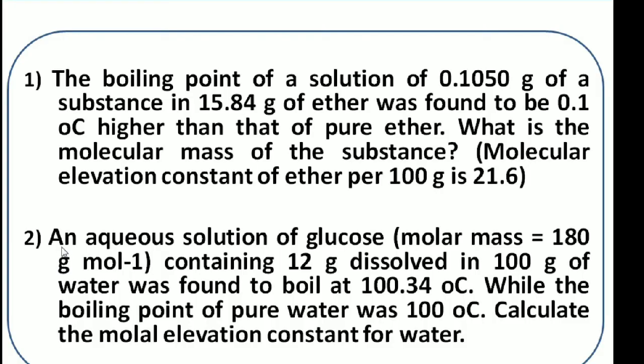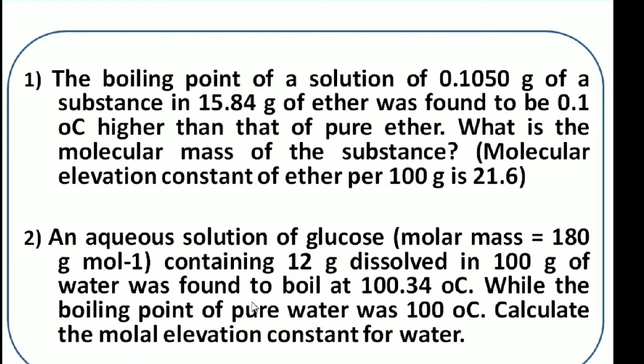Dear students, next problem on elevation in the boiling point: an aqueous solution of glucose containing 12 grams dissolved in 100 grams of water was found to boil at 100.34 degrees centigrade, while the boiling point of pure water was 100 degrees centigrade. Calculate the molar elevation constant for water.